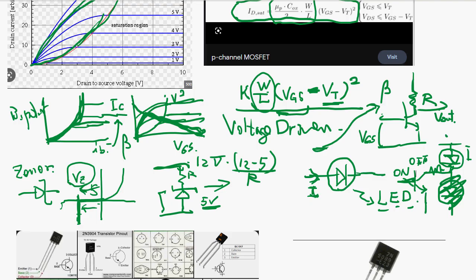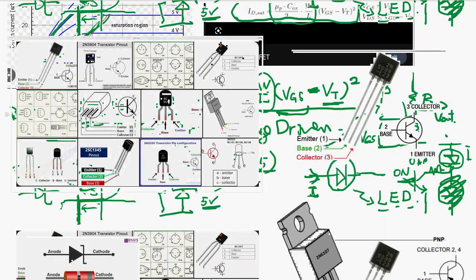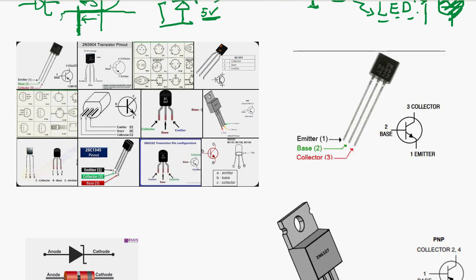So let's look at the actual transistor. In most cases the base is in the middle, the collector on the right side and the emitter on the left side.